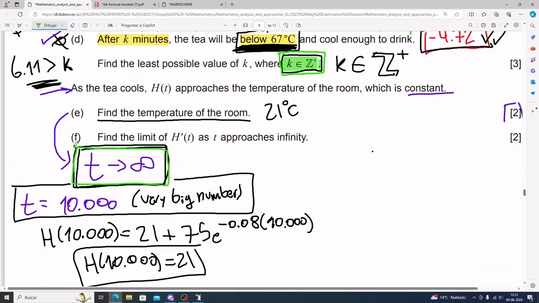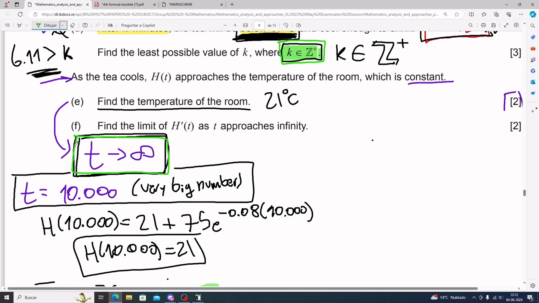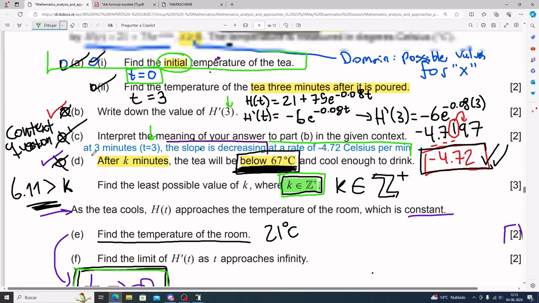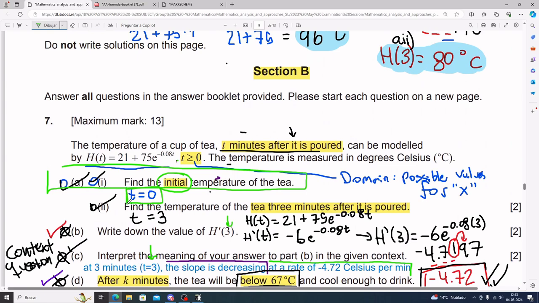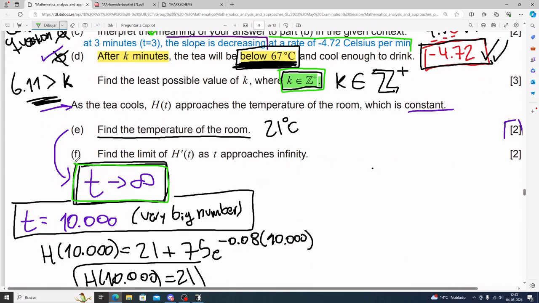All right, and so it's a lot about interpreting functions, how it is at the beginning, how it is at the end, what does it converge to, what does it not converge to, and usually plugging in very big values for t or very small values for t helps you interpret that. See, and so be on the lookout. It's fairly common that they ask for plugging in x of 0 or plugging in an x that is very huge. Just in this case, x is t, right?